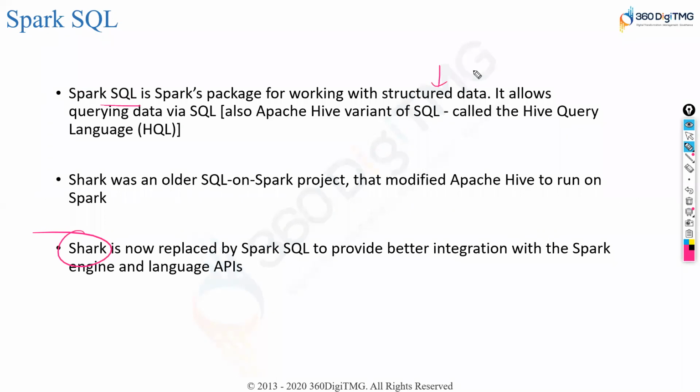Prior to that, we have seen Hive. So all these languages, especially Hive, allow you to work with structured data, right? So it also has Hive capability. Spark SQL has Hive capability also, where Hive is nothing but a query language which allows you to handle structured data. We call it HQL, Hive Query Language.